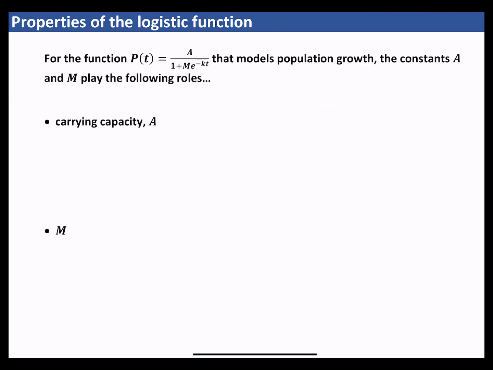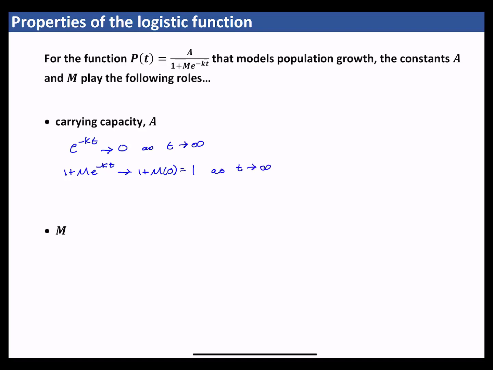So first, let's see how the carrying capacity relates to the values of a and m. In a previous video, we saw that since k is positive, it follows that e^(-kt) tends towards 0 as t increases without bound. That means the quantity 1 plus m times e^(-kt) tends toward 1 plus m times 0, which equals 1, as t increases without bound.